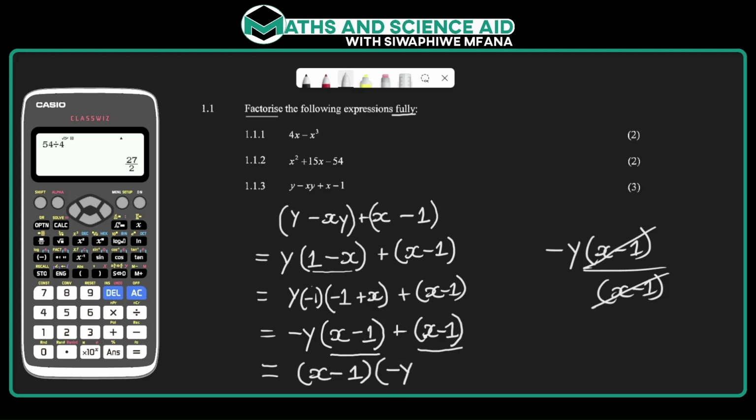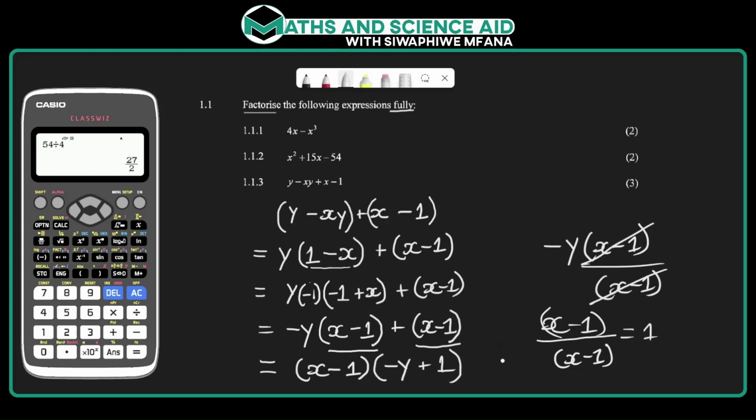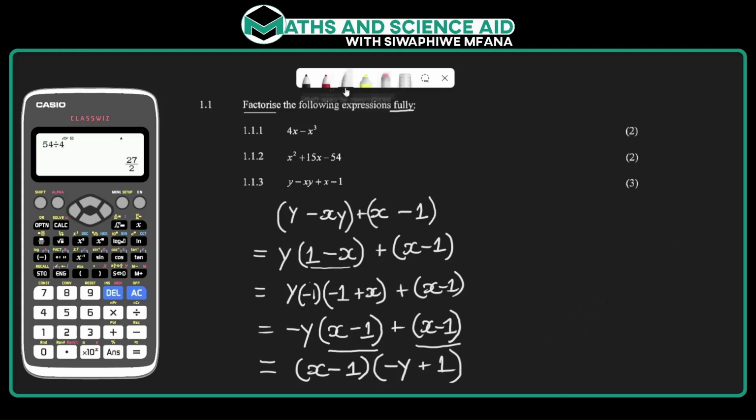Okay? And we do the same thing with this other term. So for that one, we have x minus 1. We can even include the brackets, divided by x minus 1. And it's obviously equal to 1. So we are going to be left with positive 1. Okay? And now what you can do as your final step is you can rearrange these two terms that are inside your second bracket.